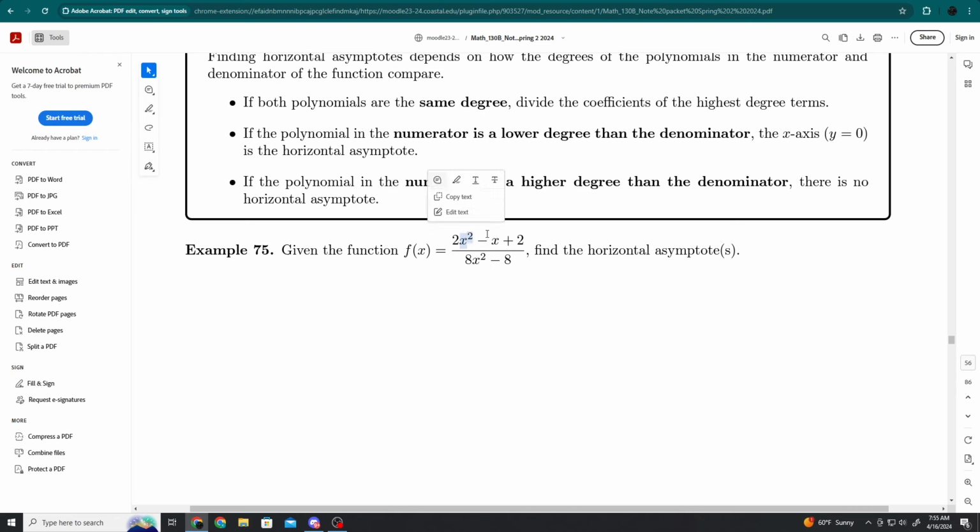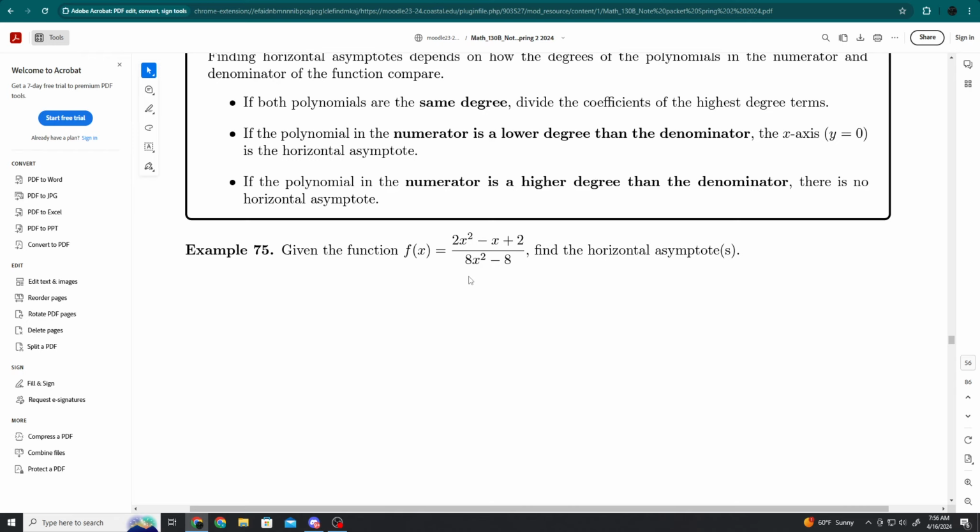The largest exponent's a 2. Denominator, 8x squared minus 8. That's the largest one there, and we see they're the same. So we're essentially looking at 2x squared on top and 8x squared on the bottom. Since they're the same, we just divide coefficients.